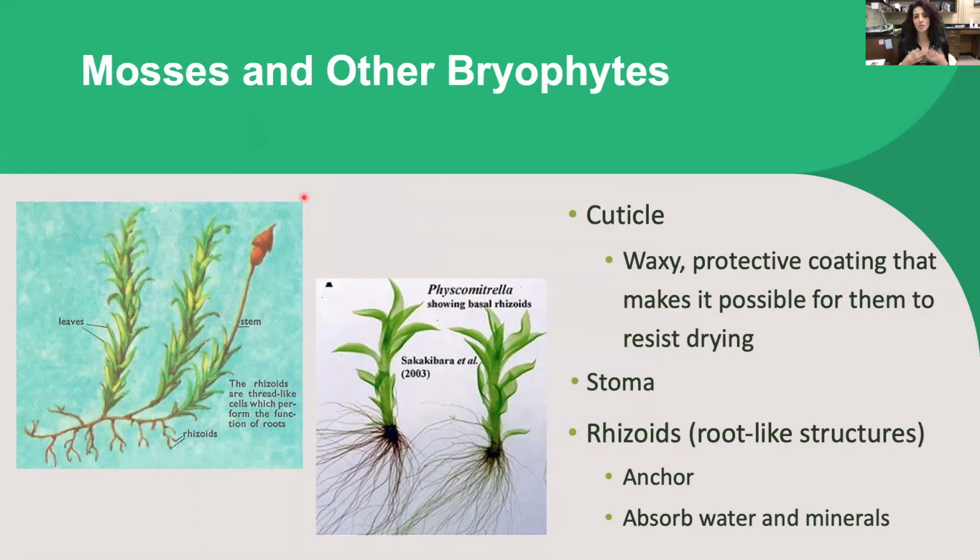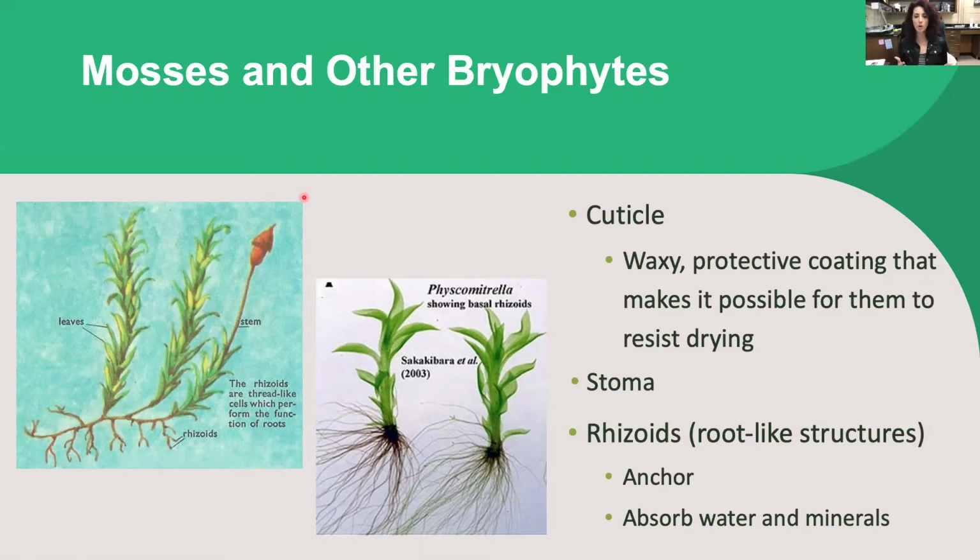So in order to overcome this potential limitation in water, the first early terrestrial plants had to evolve some sort of adaptation that would allow them to thrive and survive on land. So this waxy protective coating is found in our mosses and also our other bryophytes. It protects against desiccation. We also have another type of adaptation to dry life on land with our stomata.